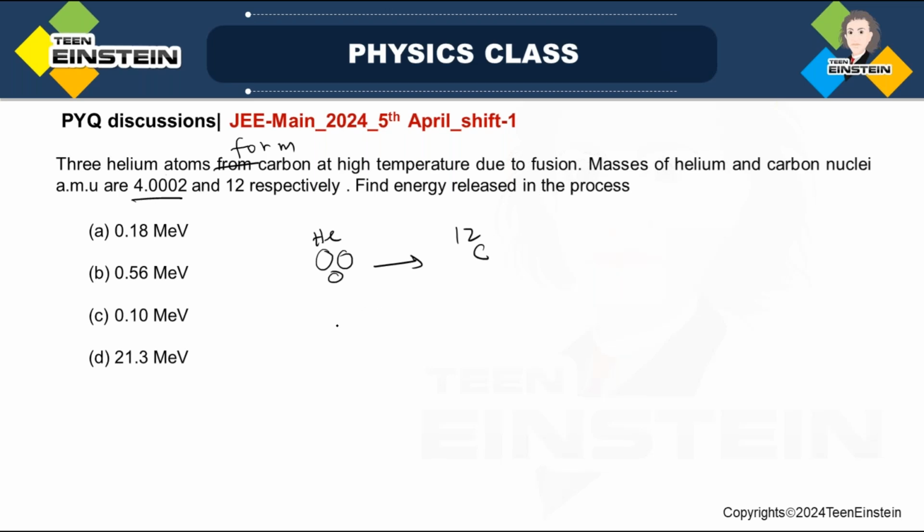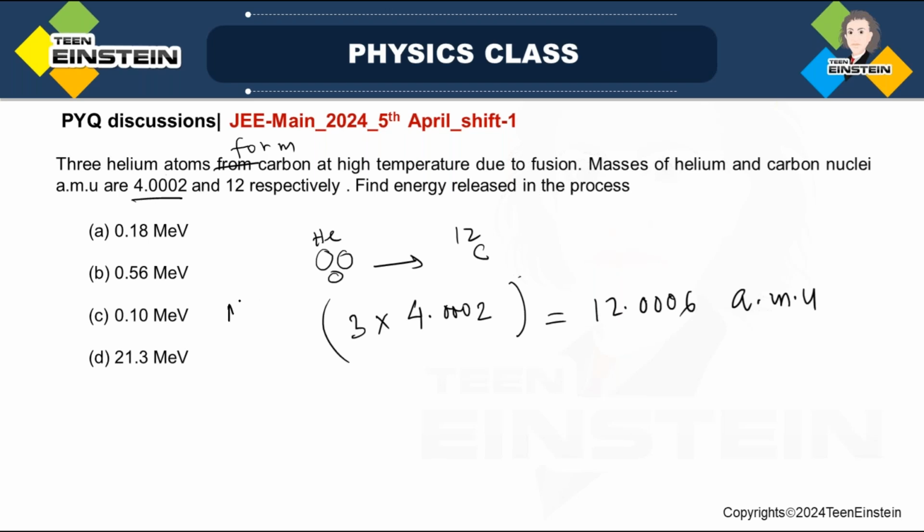If I find out the total mass of all 3 helium, I'll get 12.0006. This is in atomic mass units, right? What is the mass of carbon?